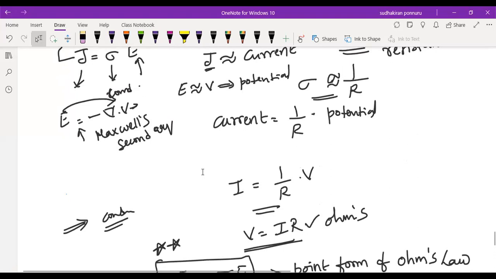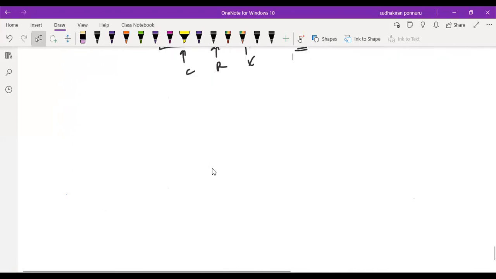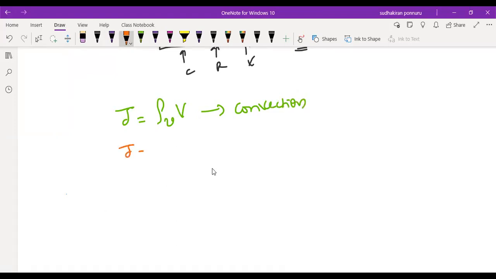So this is all about conduction current density. Earlier we saw convection current density, and now we have seen conduction current density. Earlier we got J is equal to rho v, which is called convection, and now we have obtained J is equal to sigma into E, which is called conduction.